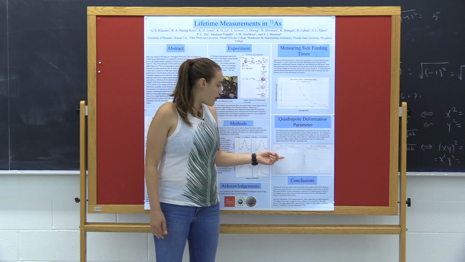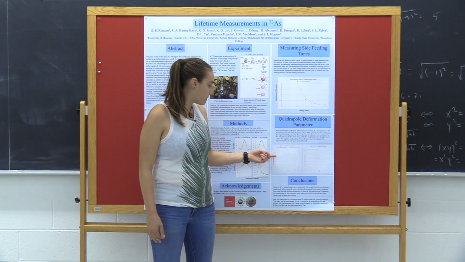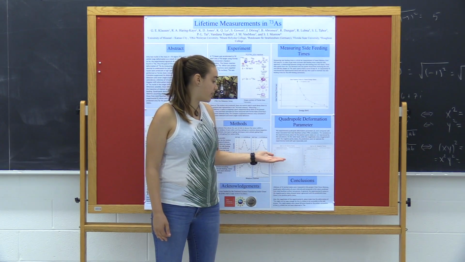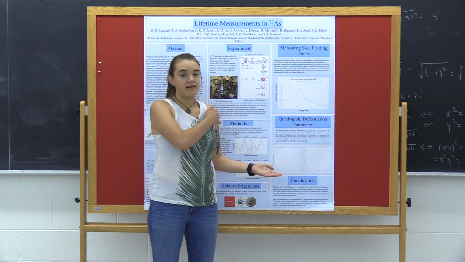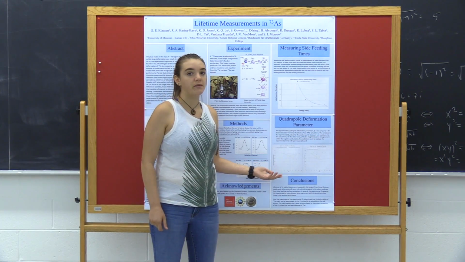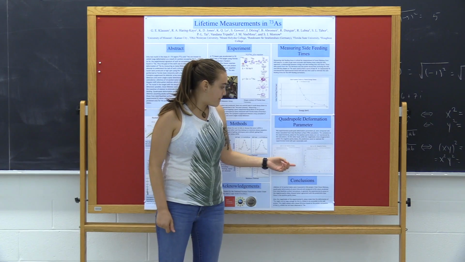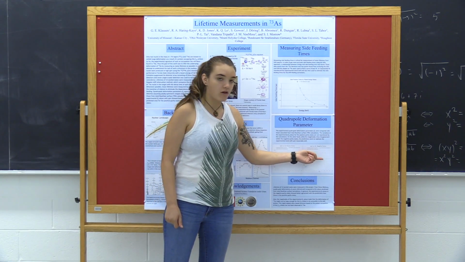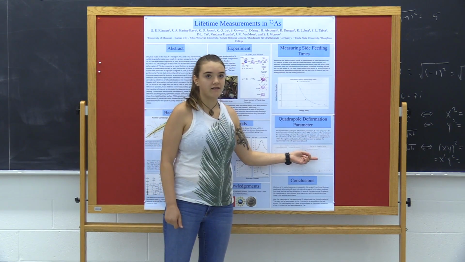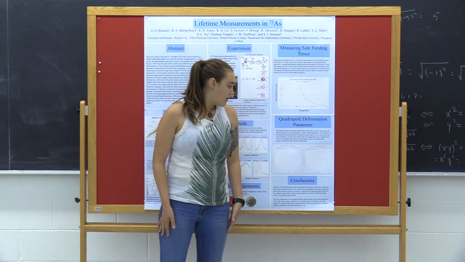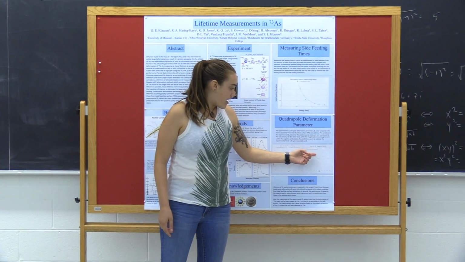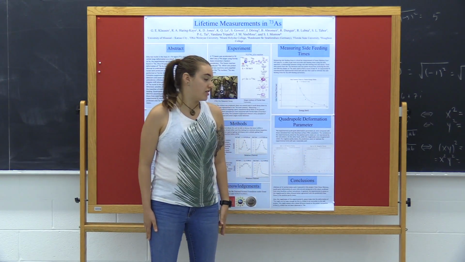The slope of the theoretical is fairly constant, which means that the nucleus would be fairly rigid. For the negative parity, the slope is approximately the same, but the experimental has higher deformation than the theoretical.